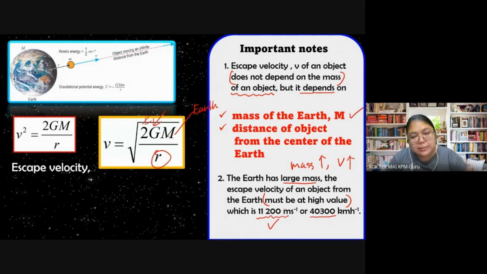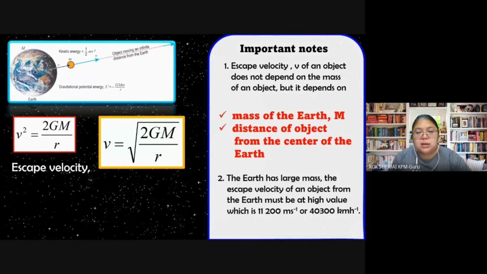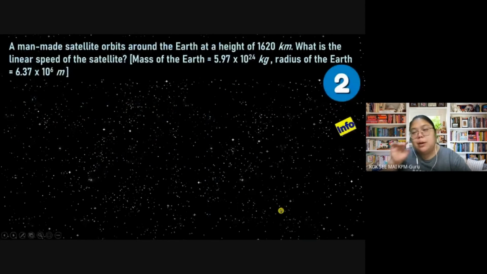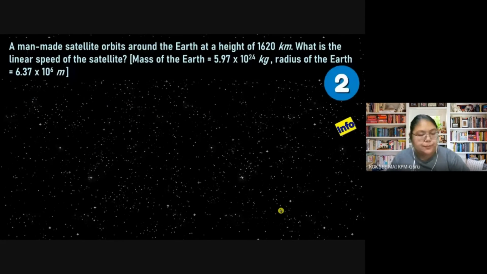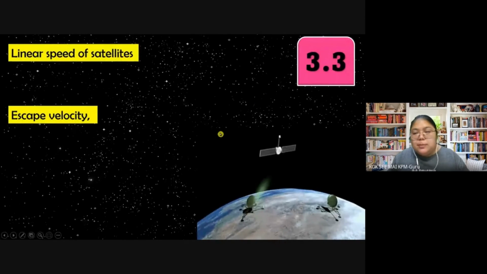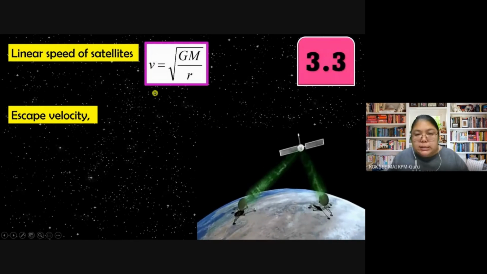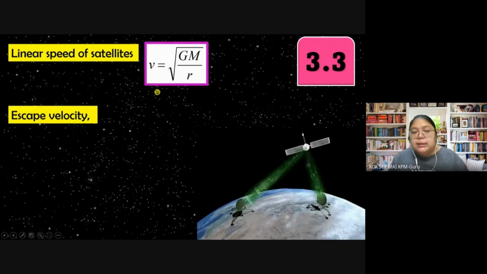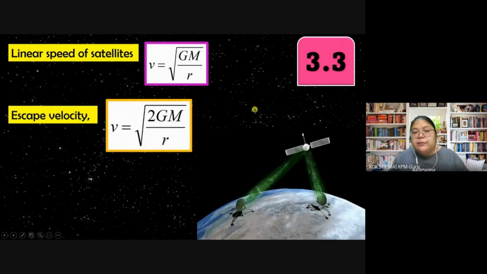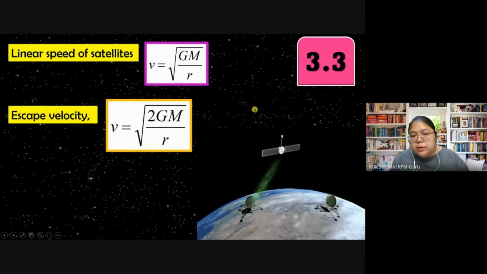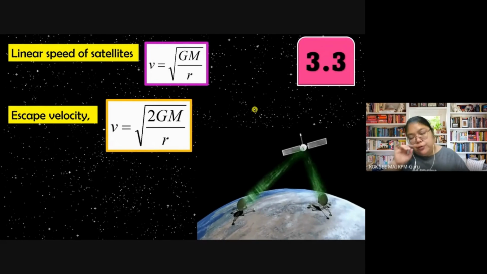If not over, it is still inside the Earth. So from here, we're going to check the questions on how to work out the escape velocity. Today we learned only 2 formulas: linear speed for the satellite, and escape velocity for the planet. Only 2 formulas for 3.3.